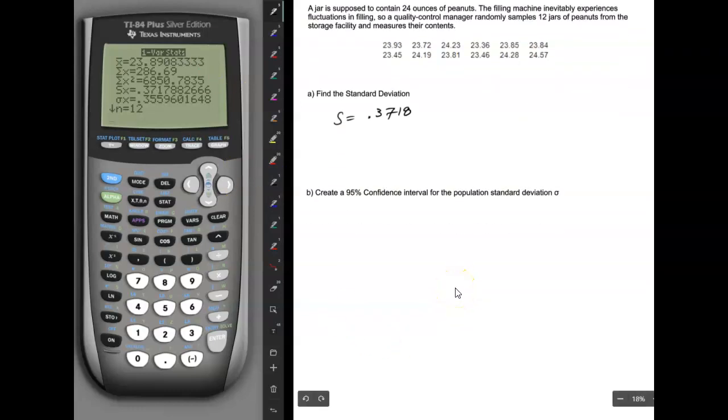So here we're going to be using the formula that in general sigma squared is equal to n minus 1 times s squared over chi squared, where chi squared is the number from our calculator, those critical values given from the calculator. So we're doing a 95% confidence interval.